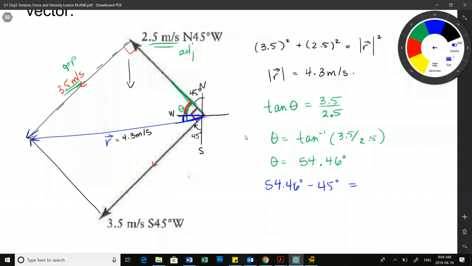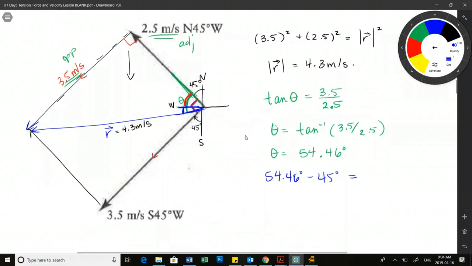What do we get? 9.46. Okay, so can we make that 9.5? Yeah. Okay. Mark? Explain why we're subtracting 45 degrees.